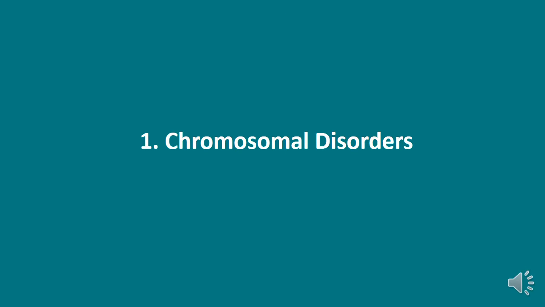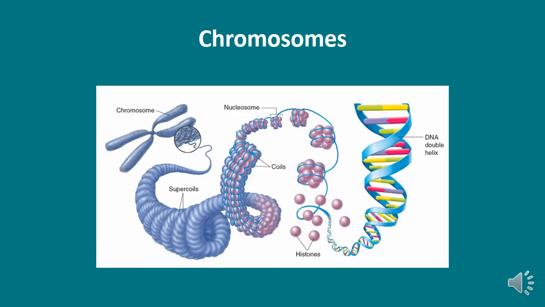Now let's see what these chromosomal disorders are. As we have discussed earlier, DNA in our nuclei are tightly packed with the help of histone proteins and non-histone proteins to form chromosomes.